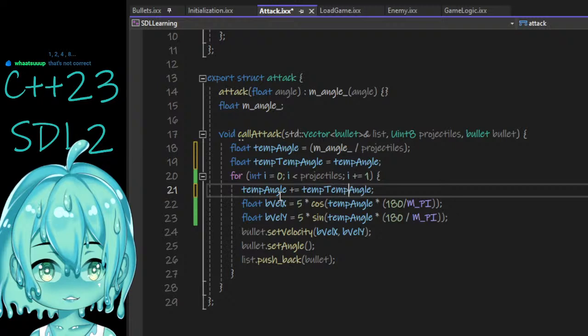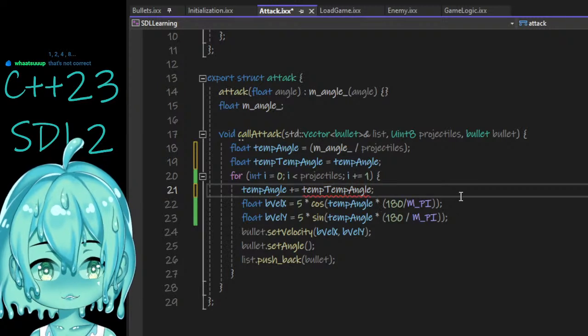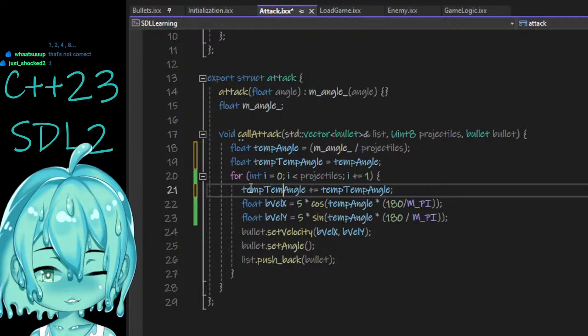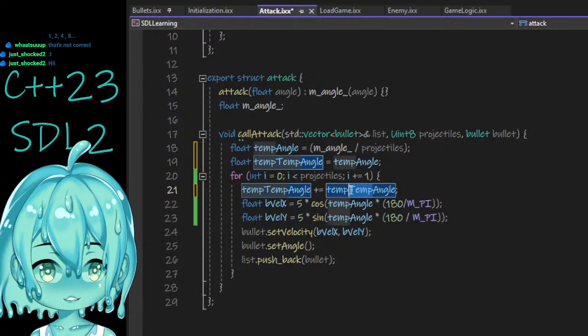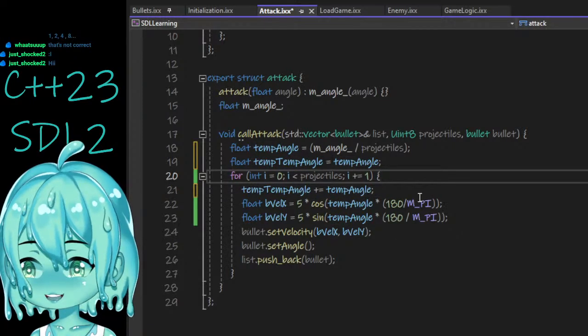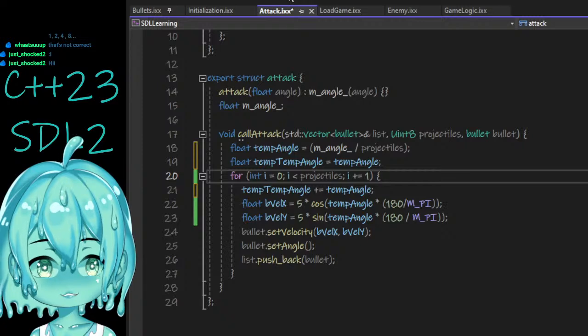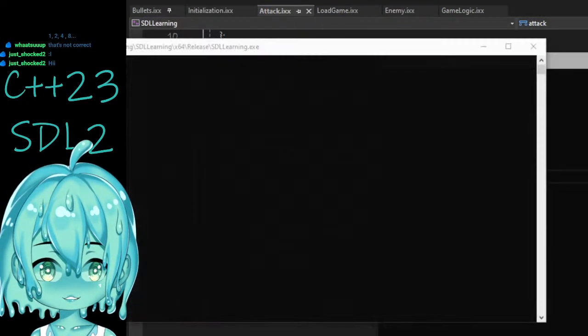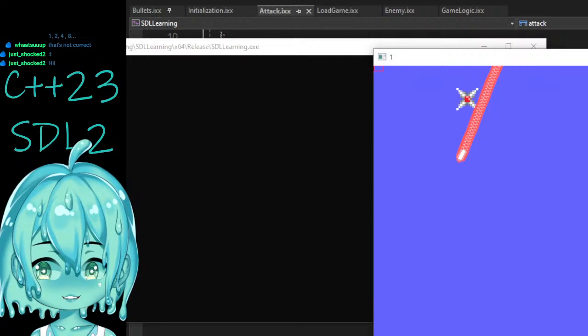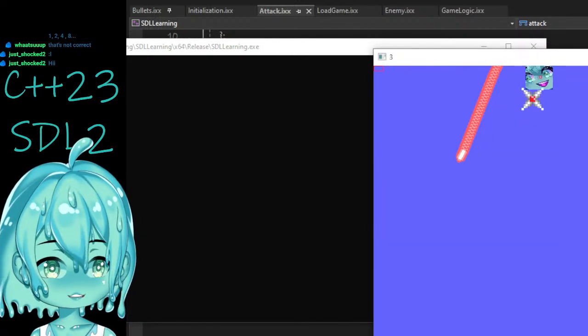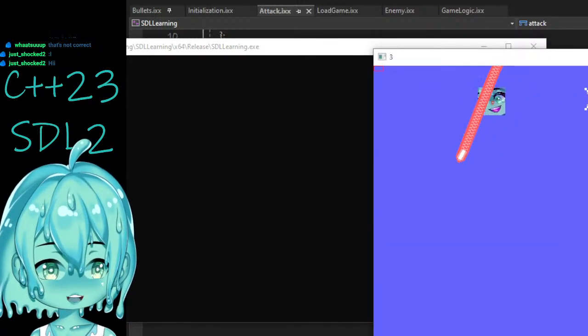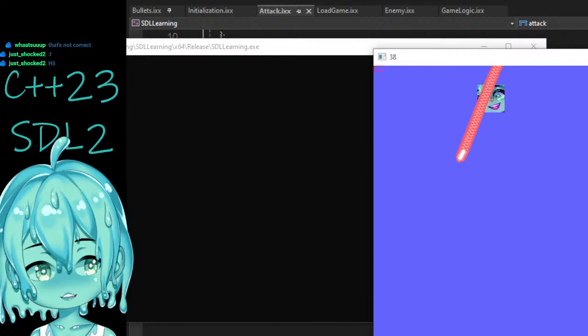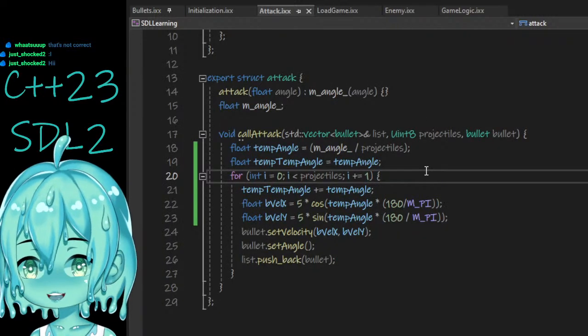Plus temp angle. No, opposite. This should be temp angle, and this should be temp angle. Okay, that is not correct. What? This is correct, I think. That's not correct. Wait, why does that only shoot off in one angle? How is that shooting 100 bullets? Also, we need culling. It starts lagging immediately.